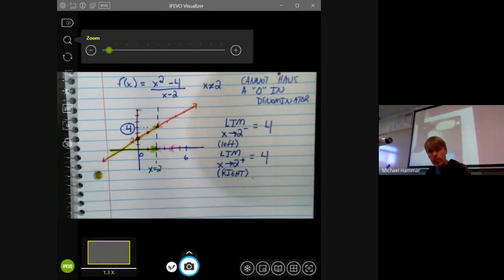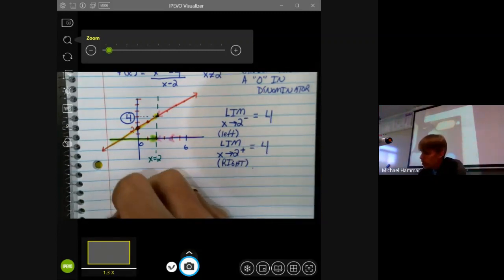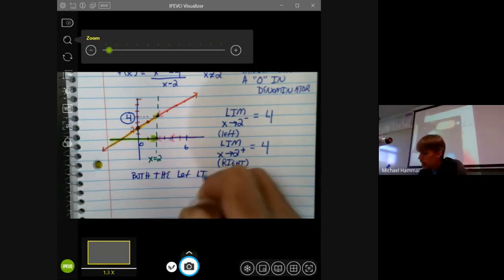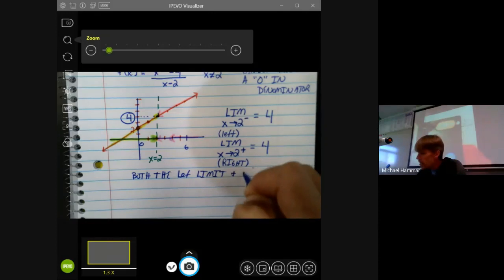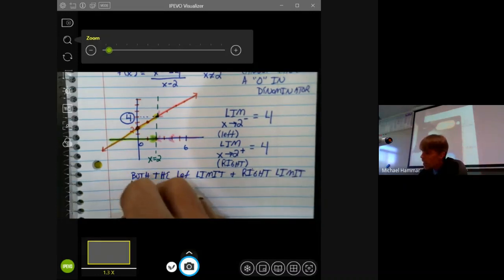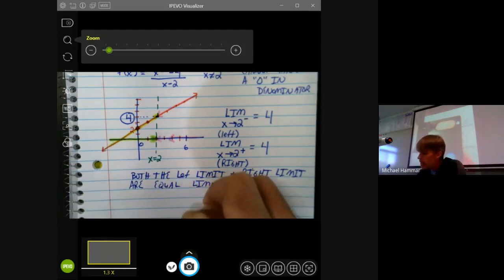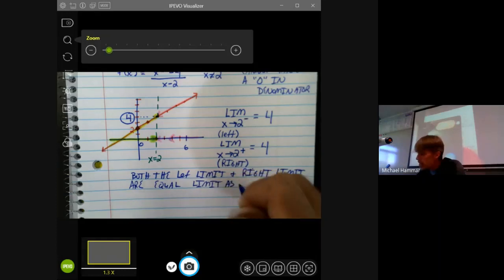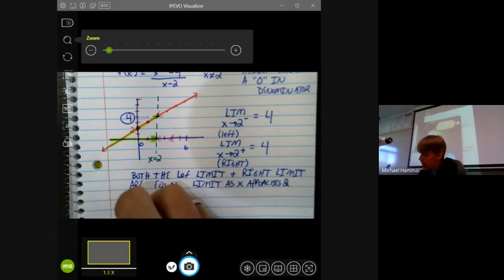Now, there's a big thing you need to remember. If both the left limit and the right limit are equal, then we say the limit as x approaches 2 exists.